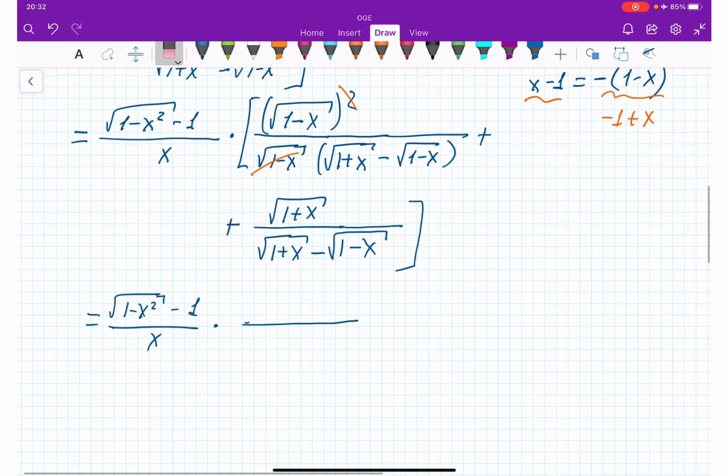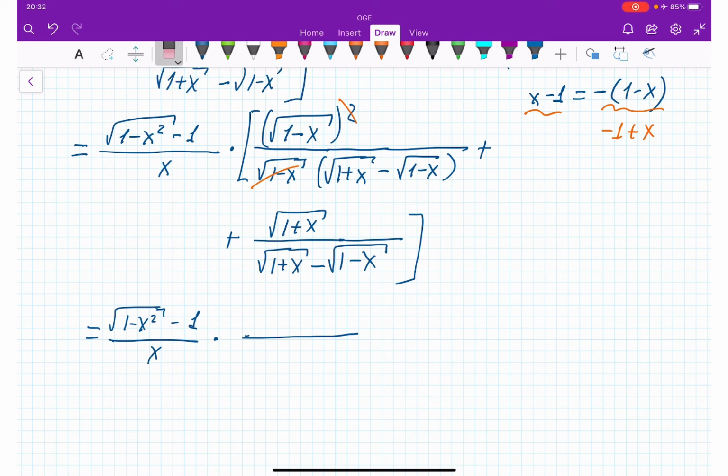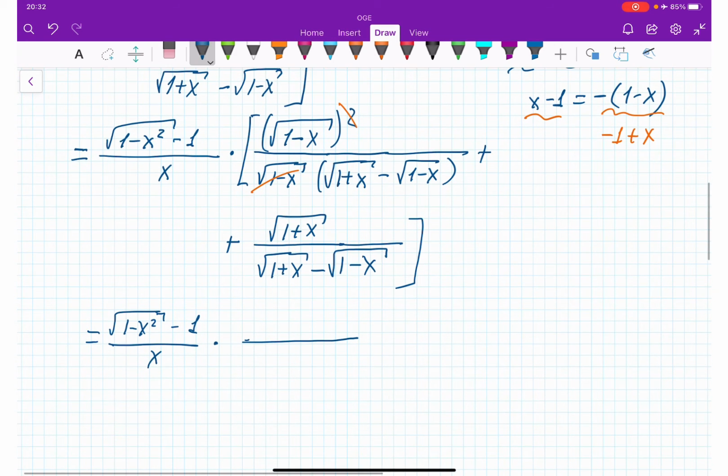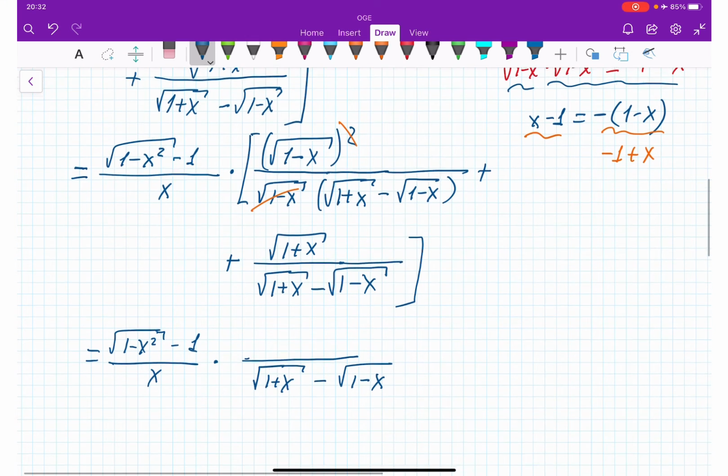And now we have a common denominator, square root 1 plus x minus square root 1 minus x.